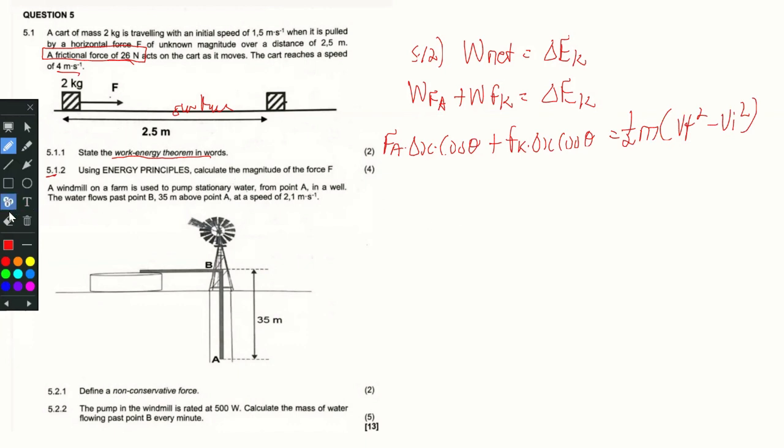Now, if we are to draw a free body diagram indicating all the forces acting on that block, then we understand that we are going to have the normal force, and then down here we are going to have the gravitational force.